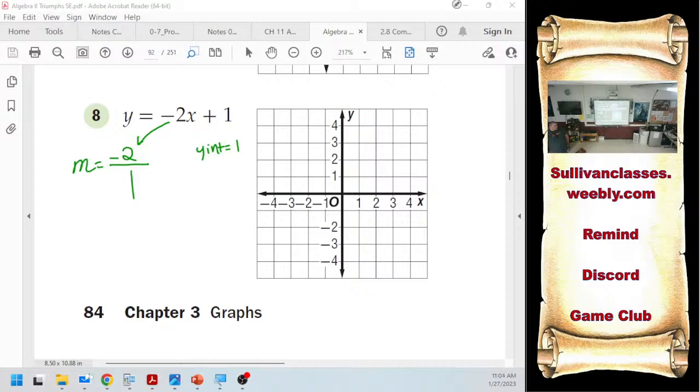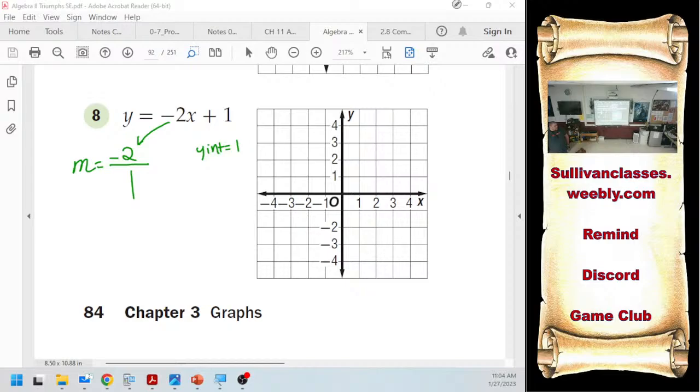So for 8, would you just go over 2? It would be 0. Cool with that? Yeah. So write -2 over 1. Okay. We always go to the right. Is this positive or negative? Negative. So I'm gonna go down. So from 1, you go down 2, right 1. Okay.